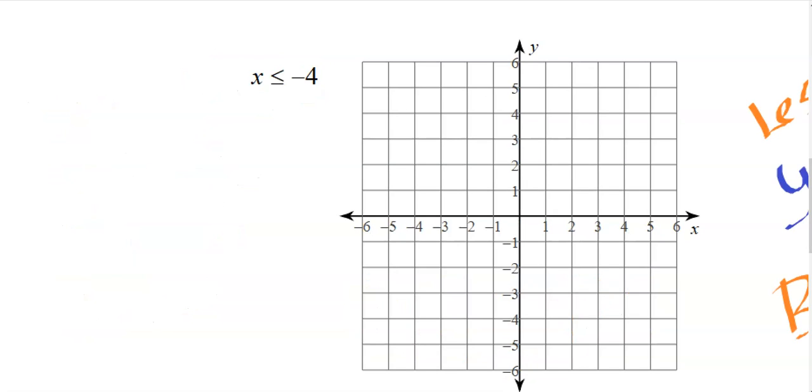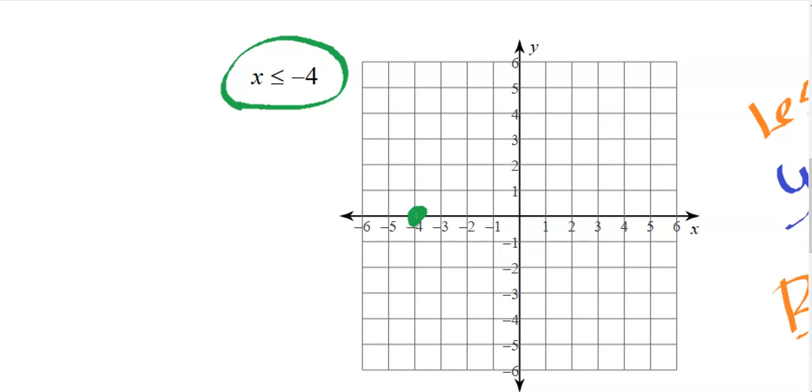And you'll also see graphs that just give us the x. This graph here says x is less than or equal to -4. Well, where is -4 on the x-axis? It's right here. So this is kind of doing the opposite of that other graph. The other one gave us a y-intercept.